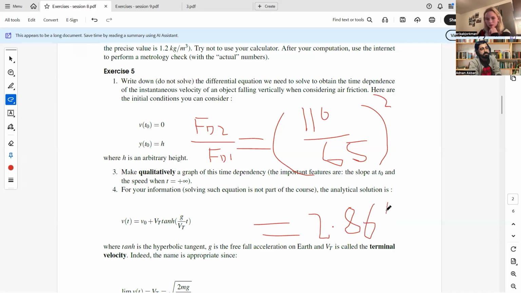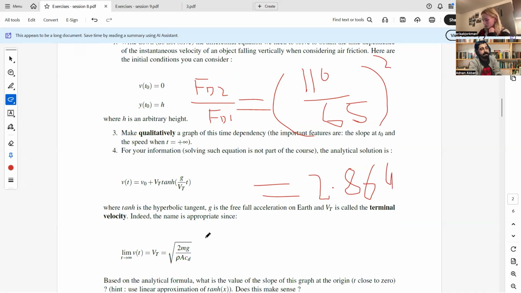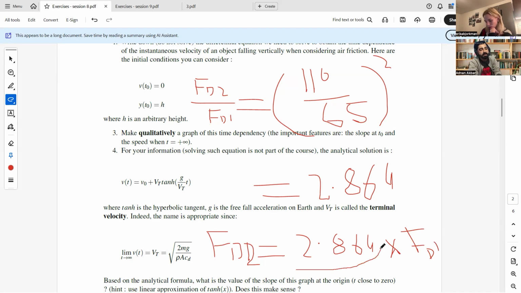So whenever speed increases from 65 to 110, our drag force that was initially F1D will be increased by a factor of 2.864. By this factor, drag force with the increase in speed will increase.